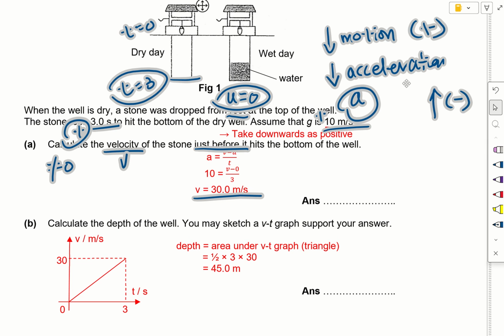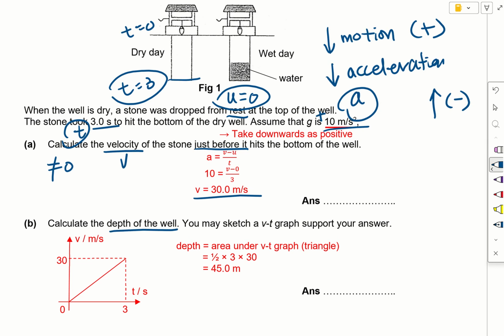Now they want us to calculate the depth of the well. You may sketch a VT graph. Now, one common mistake is that some students actually thought that this 30 meter per second was for 3 seconds. That means it has a constant speed of 3 seconds. However, actually initially the velocity is 0 and it keeps on increasing every second by 10. So by the end of 3 seconds, maybe I can write it over here.